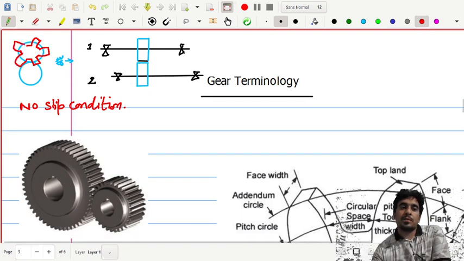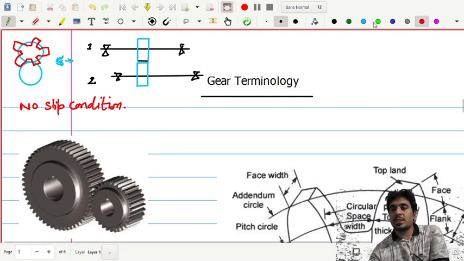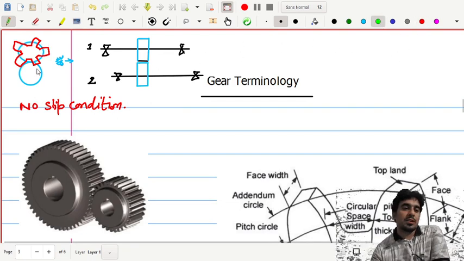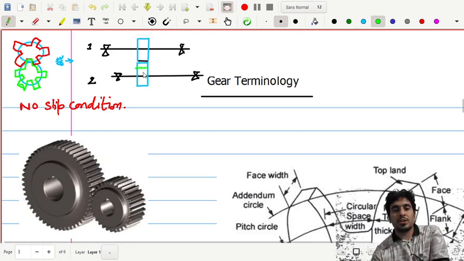With the help of these teeth on the surface of the disc, and similarly for the other disc, power is transferred from one shaft to another shaft. So this gear has teeth like this, for example, parallel to the shaft axis. This is the example of a spur gear.